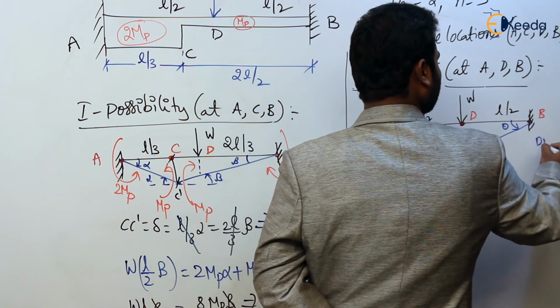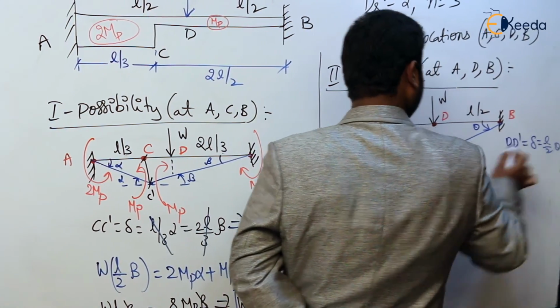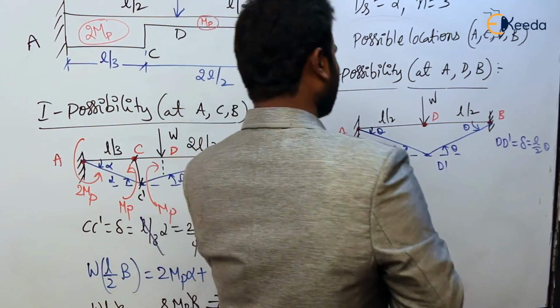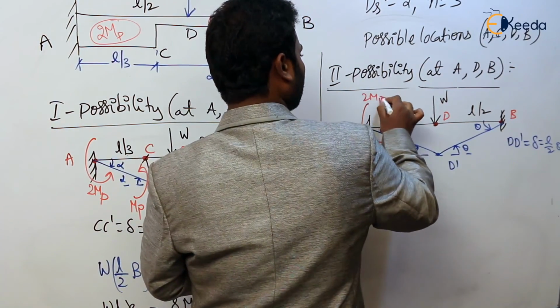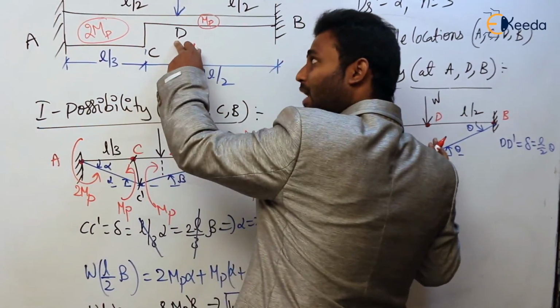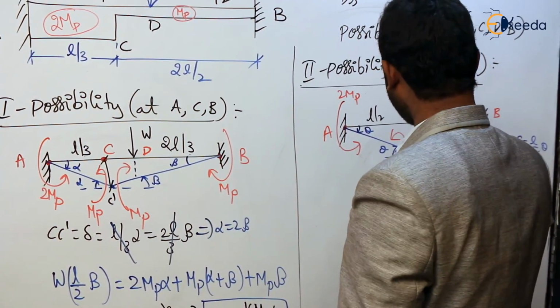We know that D dash is equal to delta is equal to L by 2 theta. Now external work is equal to internal work. Here how much will form? 2 mp, and D is in this span, mp. No need to get confused, simply consider mp.